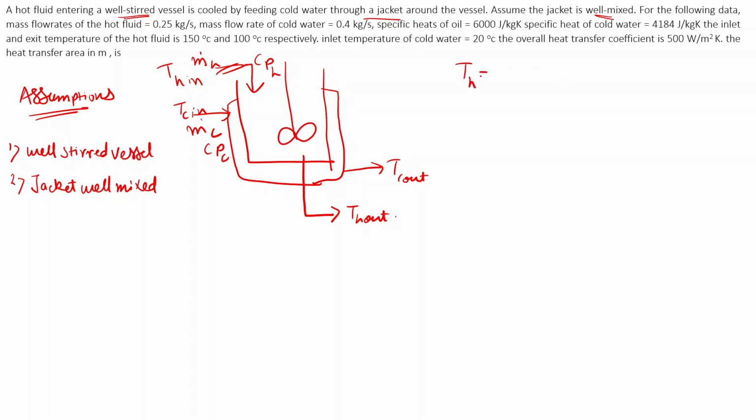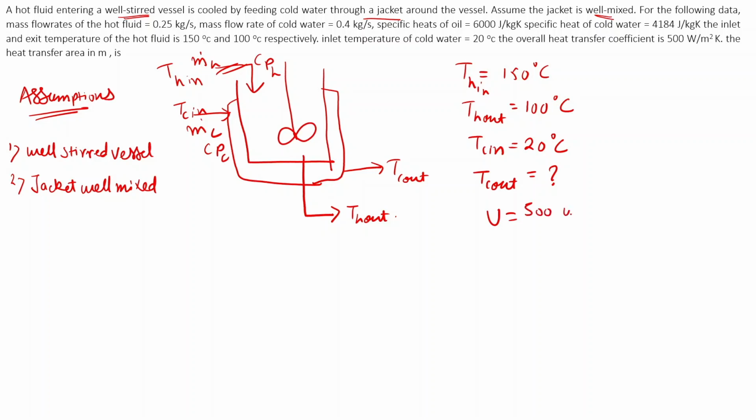Th in is given as 150 degrees Celsius, Th out is given as 100 degrees Celsius, Tc in is 20 degrees Celsius, and Tc out we haven't been given. The overall heat transfer coefficient is 500 watt per meter square Kelvin, and the heat transfer area we have been asked to find out.